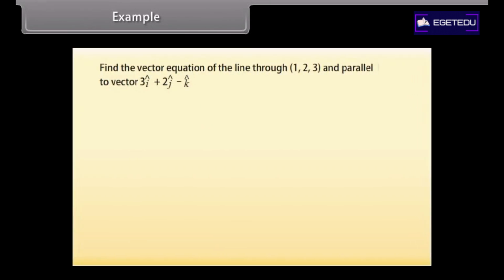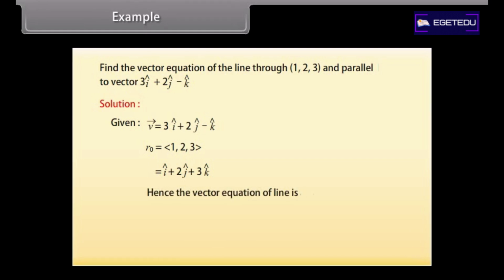Example. Find the vector equation of the line through (1, 2, 3) and parallel to the vector 3i plus 2j minus k. Solution. Given vector v equals 3i plus 2j minus k, and the point (1, 2, 3) has position vector i plus 2j plus 3k.